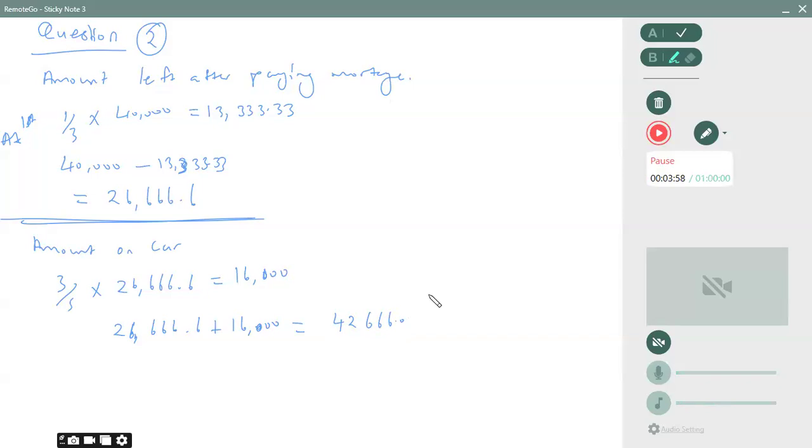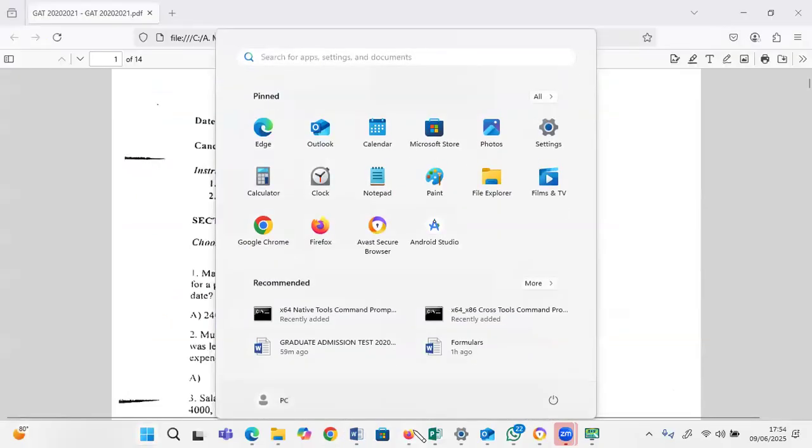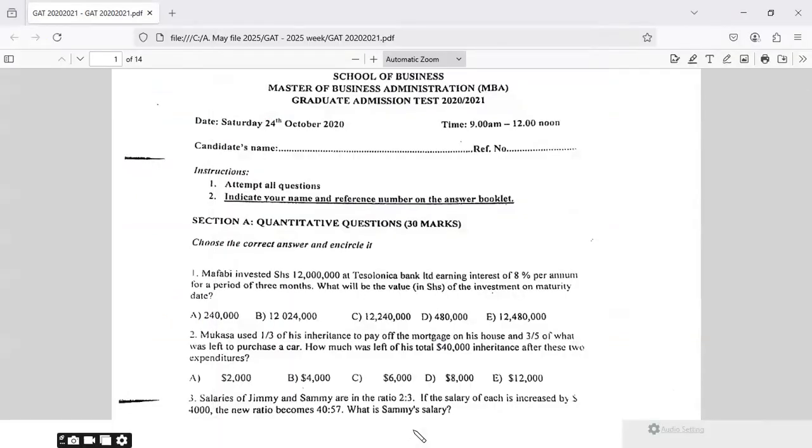So the question was asking how much was left, isn't it? Now, how much was left of his total inheritance after the 2 expenditures?